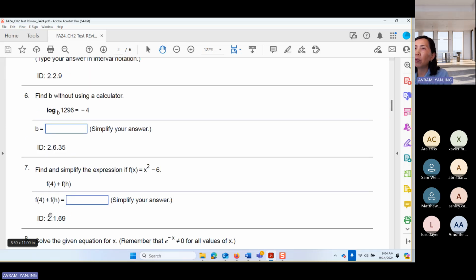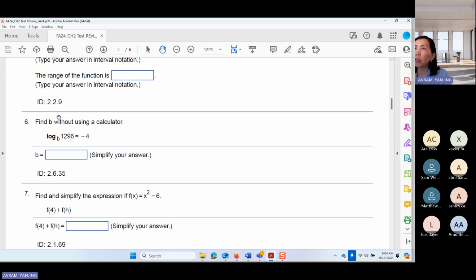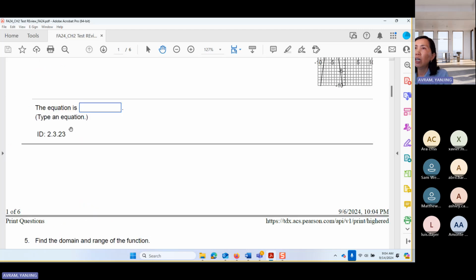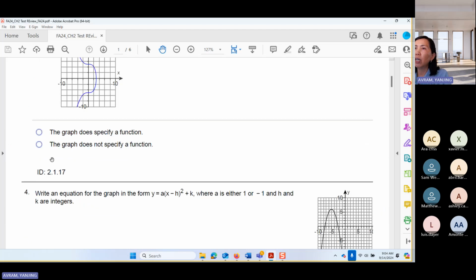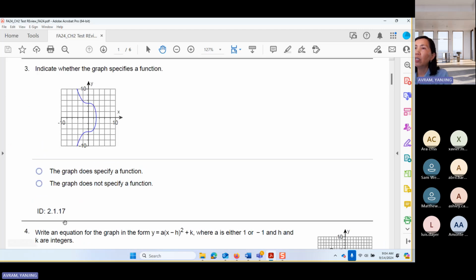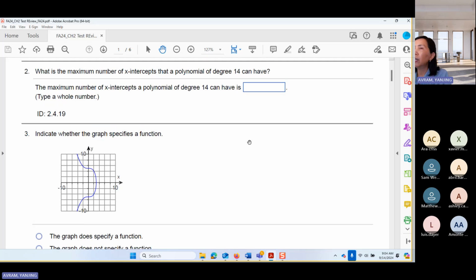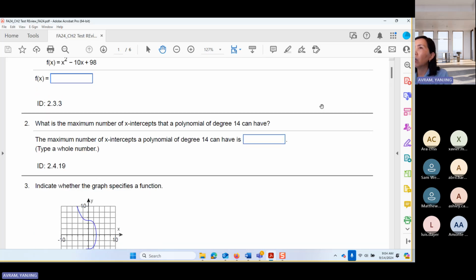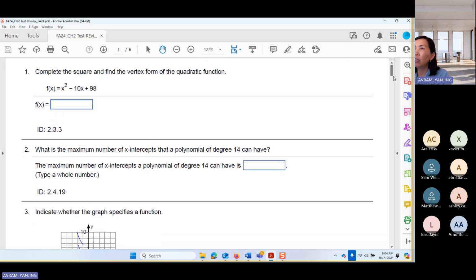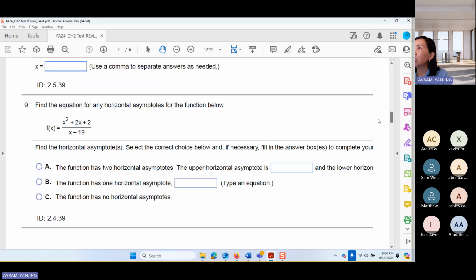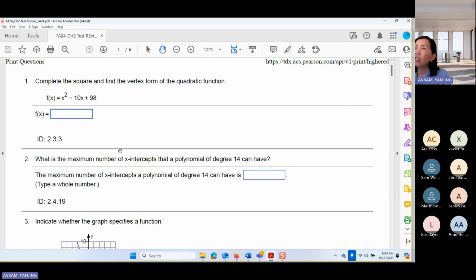You have 2.1 right here, 2.6, 2.2, and then 2.3 right here. So this is not necessarily in the exact order of the sections, but it covers everything, and that's pretty much the test questions you will have, right? It's a random order for the chapter.